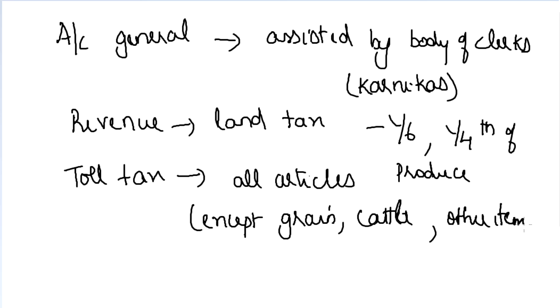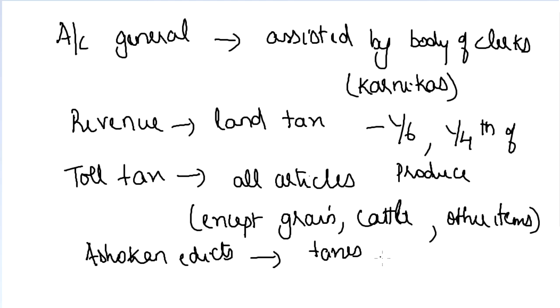Other than that, toll tax was imposed on all articles. There were also two other kinds of taxes. If you see the Ashokan edicts, there were two kinds of taxes, Bali and Bhaga.